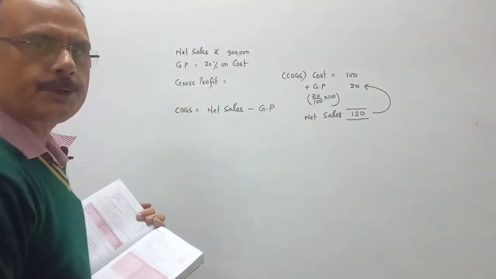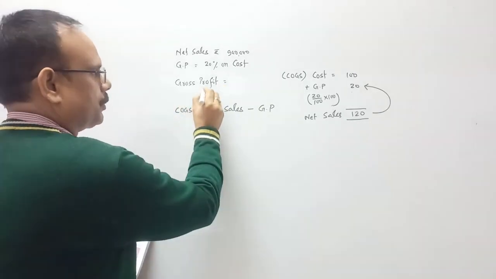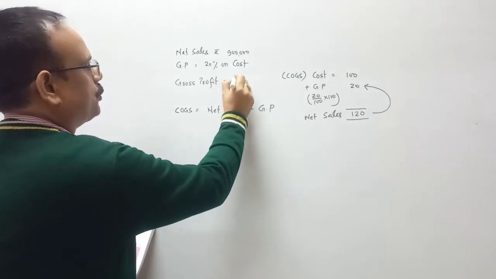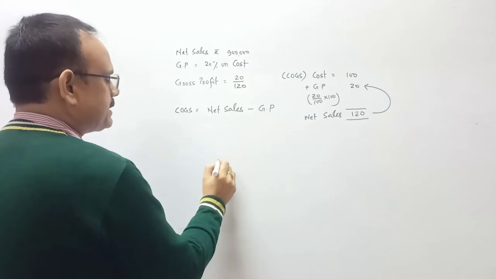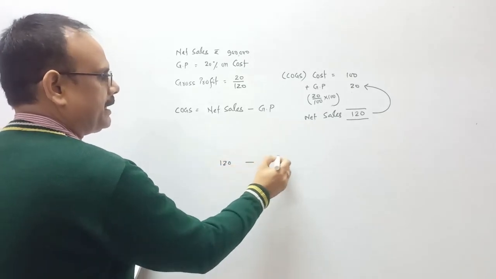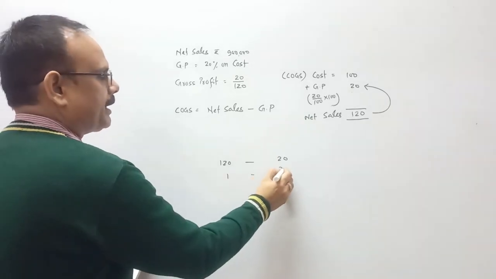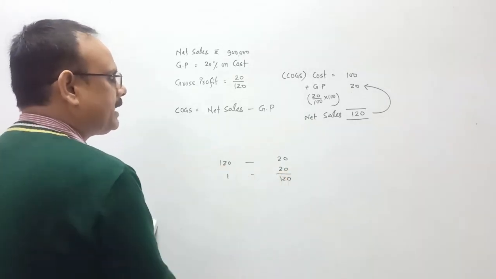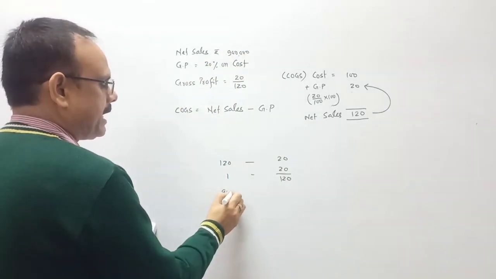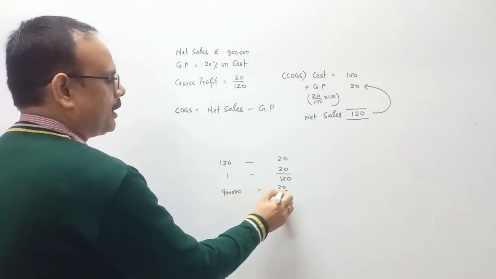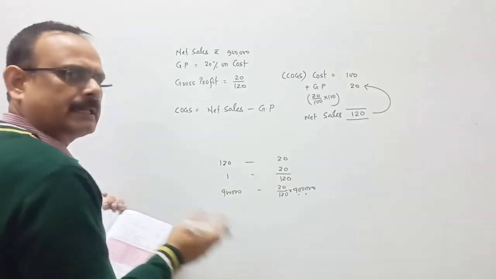GP is 20 rupees. So we can calculate the GP: gross profit is equal to 20 upon 120. When net sales is 120, GP is 20 rupees; when net sales is 1, GP will be 20 upon 120. When the net sales is 9 lakhs, then 20 upon 120 into 9 lakhs. This is simple mathematics.